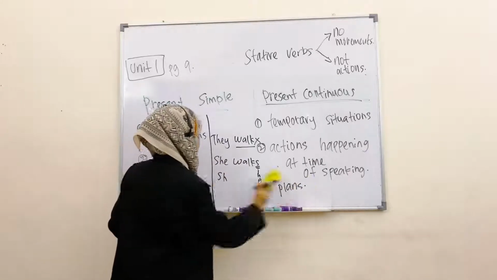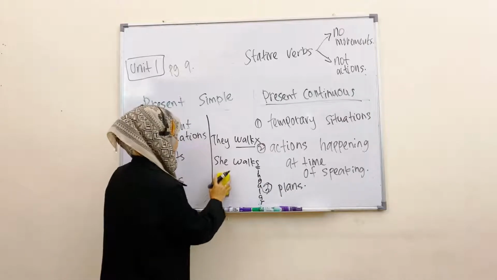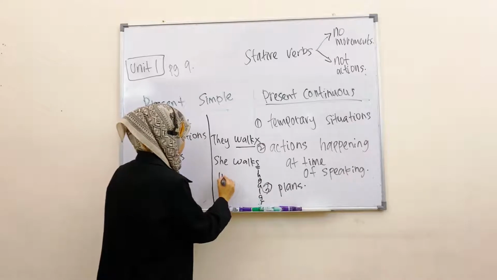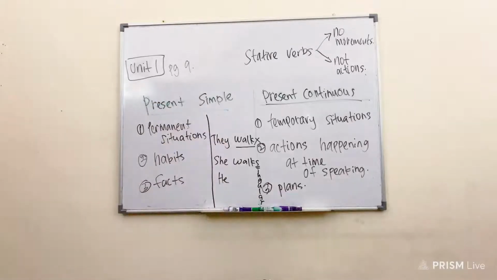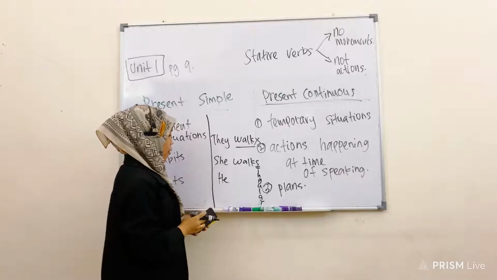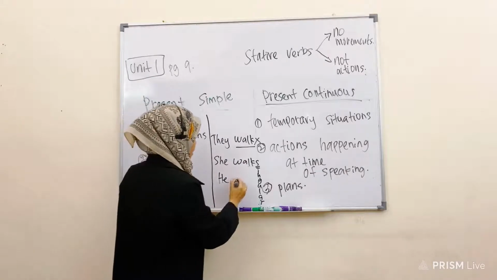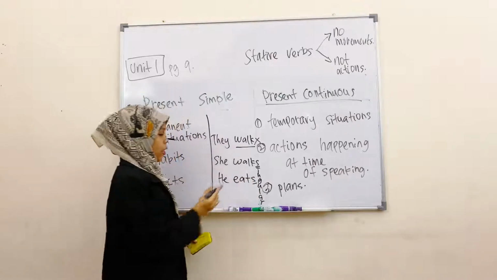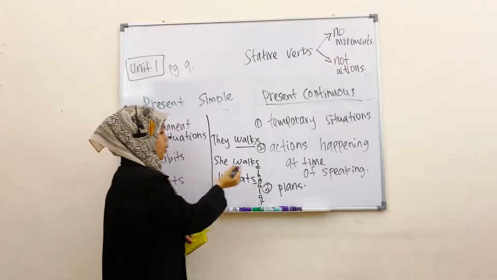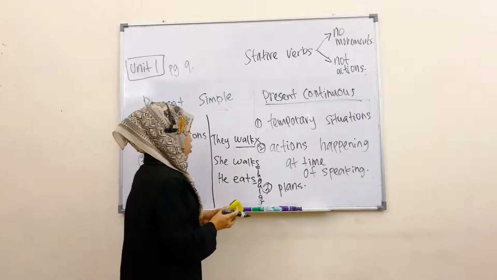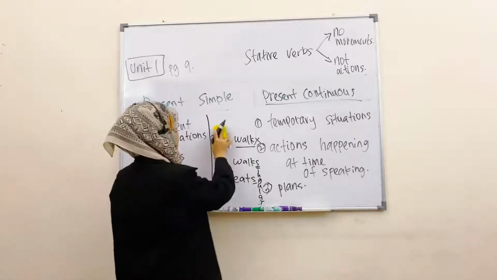Let me show another one. Maybe I should use he. Sorry. Okay, I'm using a singular subject, he. He eats, so singular, just put S. This is the category where you need to put S. There's also a category where you need to put ES.